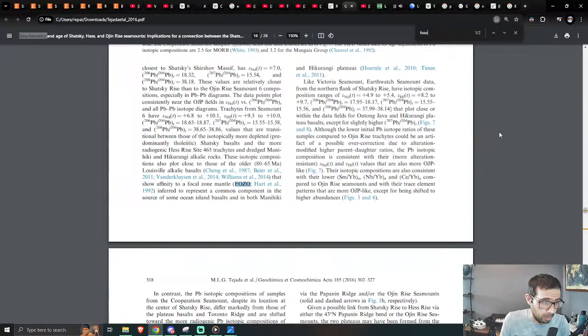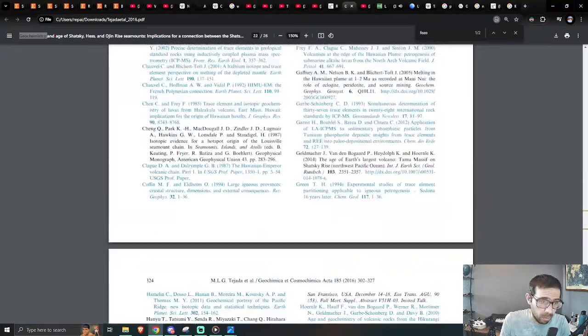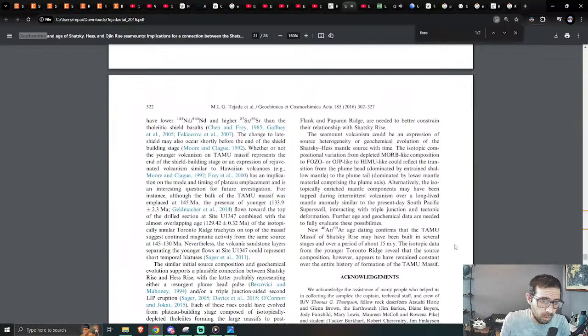focal zone mantle, whatever that means, or Ontong Java, like an interesting, Ontong Java is called focal zone. Hilarious. Ontong Java like or focal zone like. What the fuck?